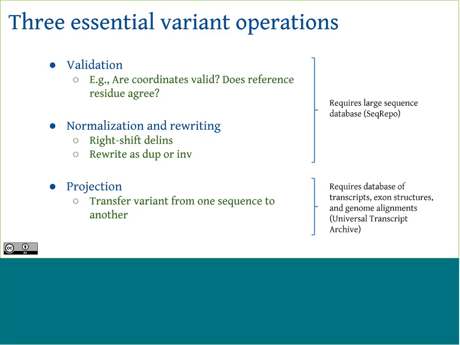And by equivalent there, I mean same exon structure, same exon coordinates, same CDS sequence, which turns out in some situations doesn't have to be the case. And so UTA is what we use to keep all the information around. That's also freely available, and some people have picked that up to use for other operations as well.